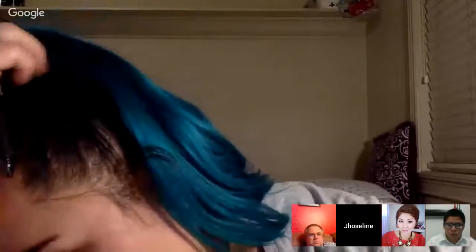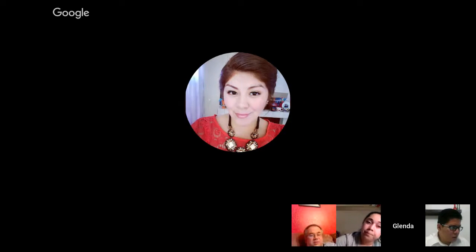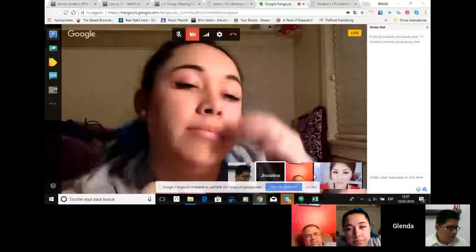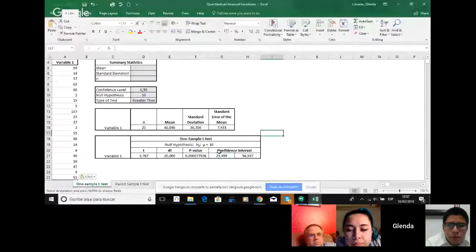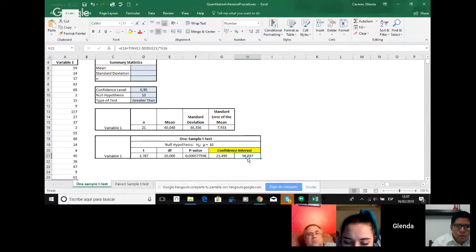Hold on a sec. Okay, here. The confidence interval: 23.499 and the other one 56.597. So this is the lower, and I think the other one is the upper.